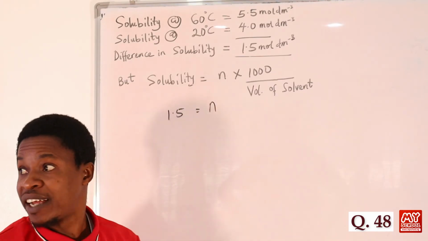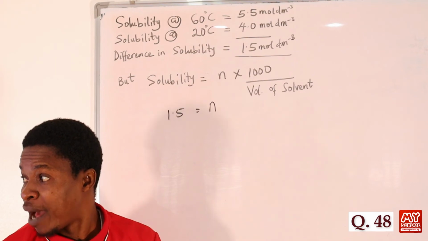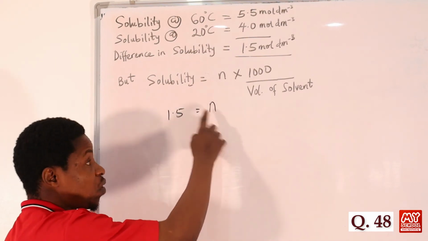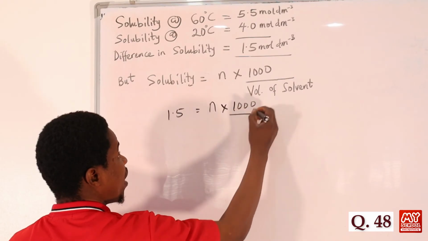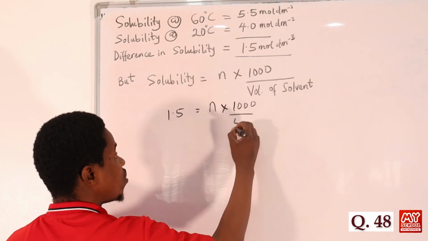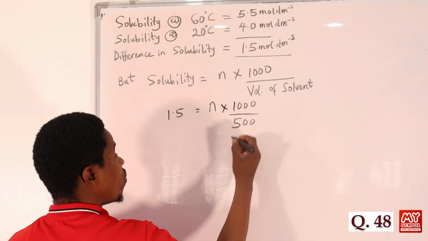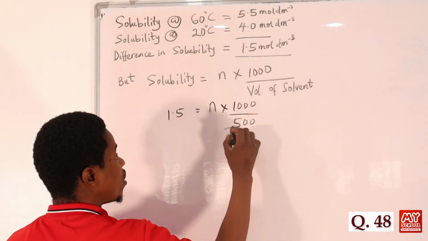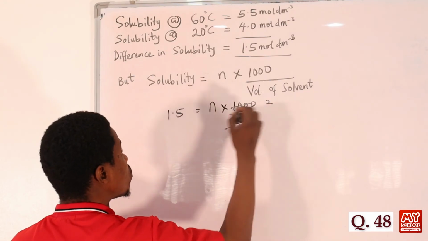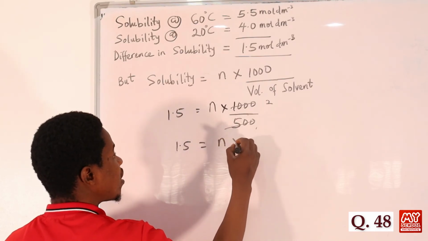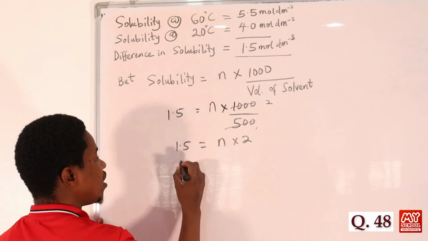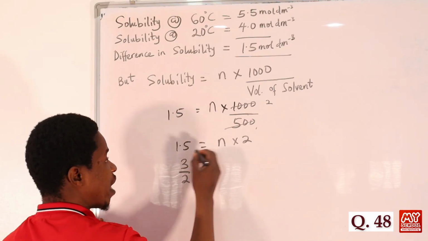That's what we have to find, the amount, which is the number of moles times 1000 divided by the volume of solvent from the question, 500 cm cube. If you cancel, 1000 over 500 is 2. So we have 1.5 equal to n times 2. We can change 1.5 to 3 over 2, or you can use your calculator.